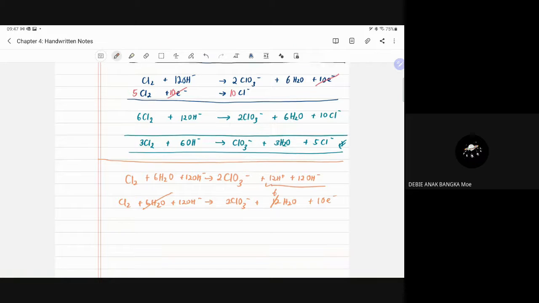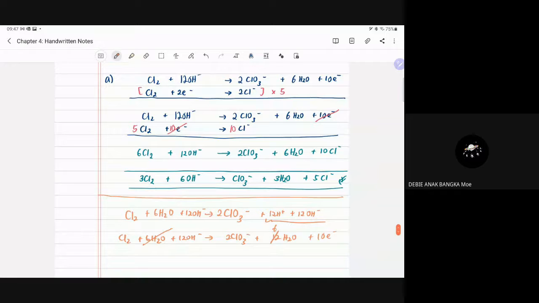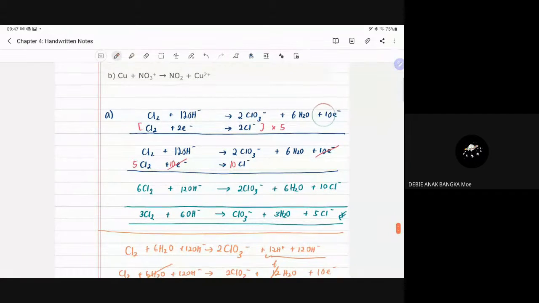Yeah. And another thing, if you want to know whether you made a mistake in the half equation, in one equation the electron must be on the right side, and in the other equation the electron must be on the left side. See, this one is on the right side, the other on the left side. It's always going to be like that for redox. One on the right side, one on the left side. If both are on the same side, you have made a mistake. So before combining, you can try to fix it. Because we don't want electrons to appear on the bottom part here. If they sit on the same side, then they would undergo the same process, either reduction or oxidation, which is not possible.